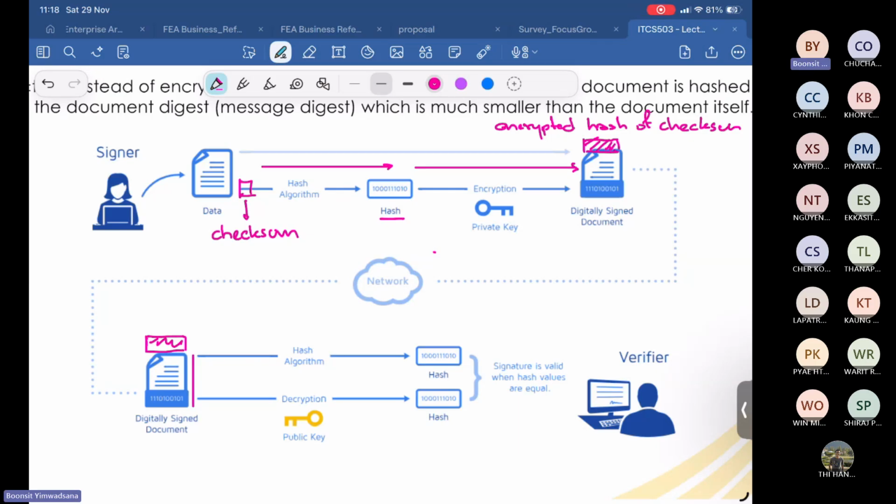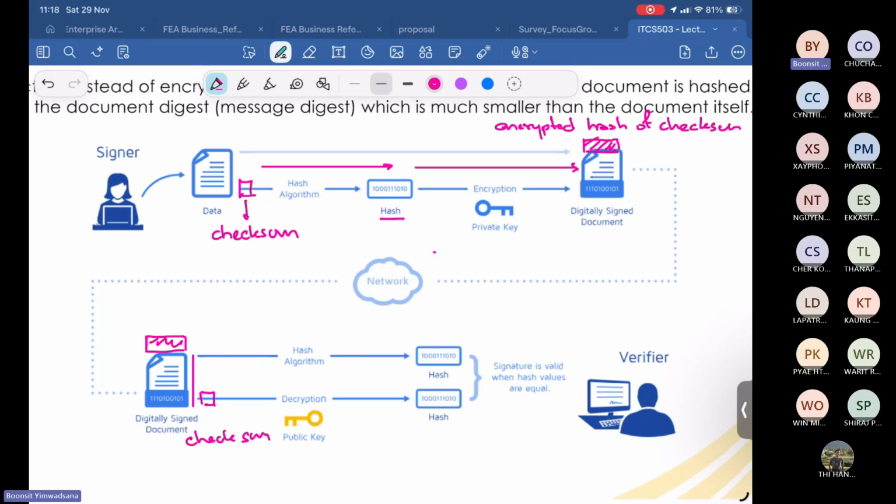She uses the same algorithm to create the checksum of this document. If there is no alteration or modification of this document, the checksum between the two must be the same. But currently, Alice has no idea what the value of this checksum is.